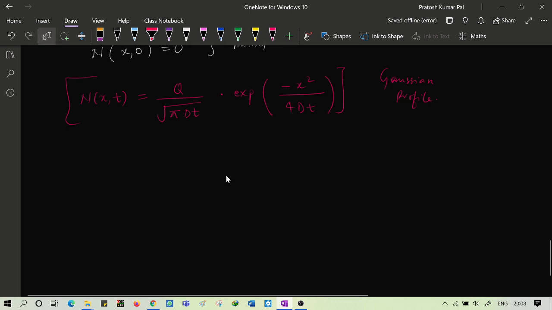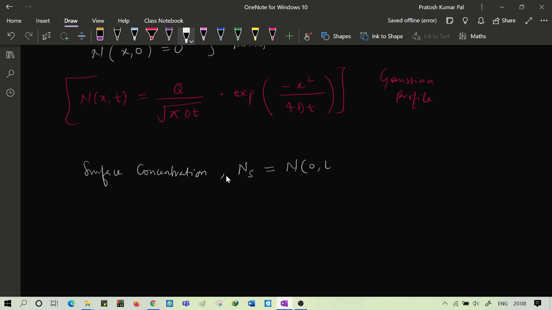Here if we want to find out the surface concentration, that is represented by Ns, the concentration of dopant at the surface, that is at x equals to 0.